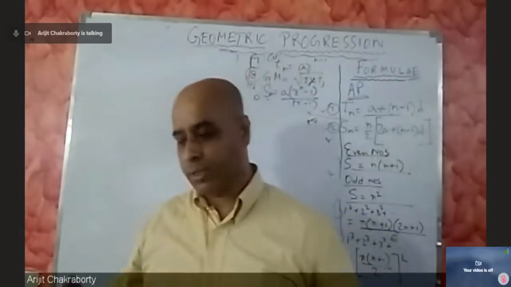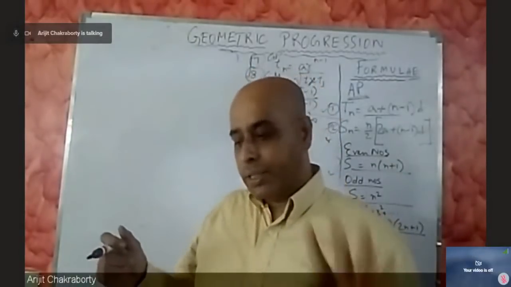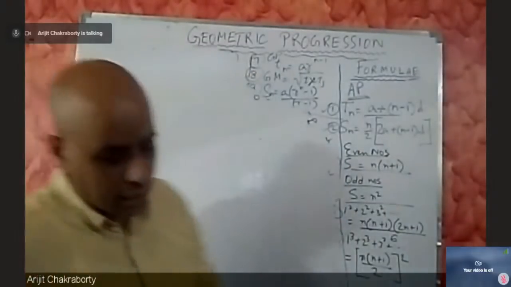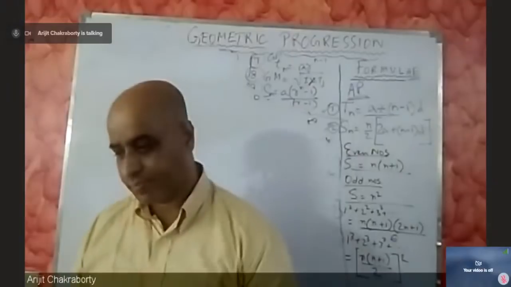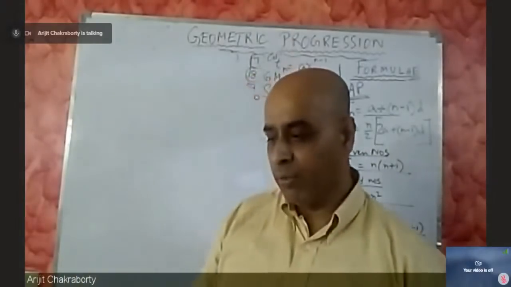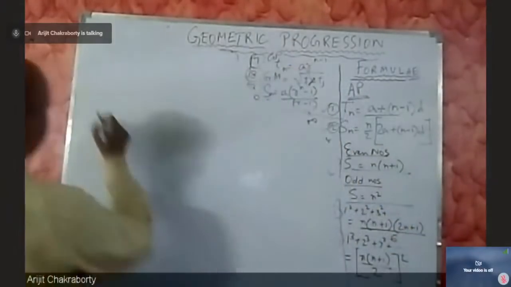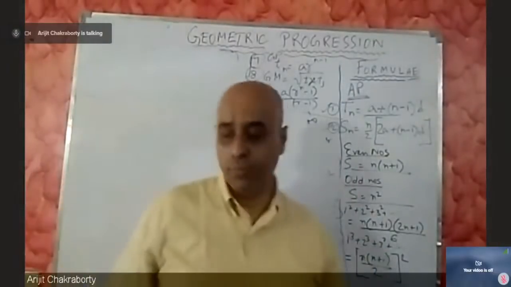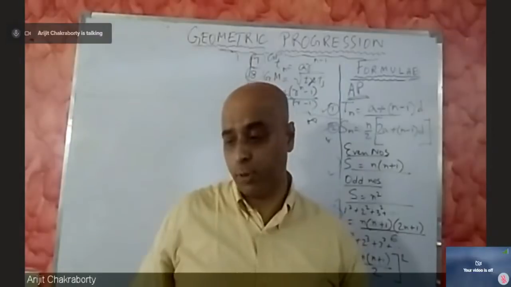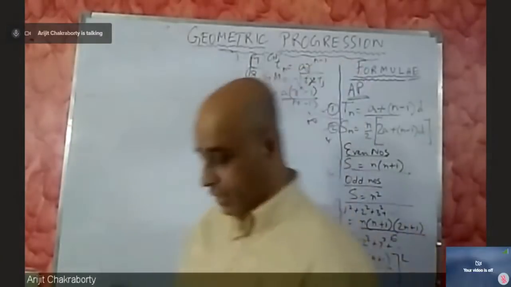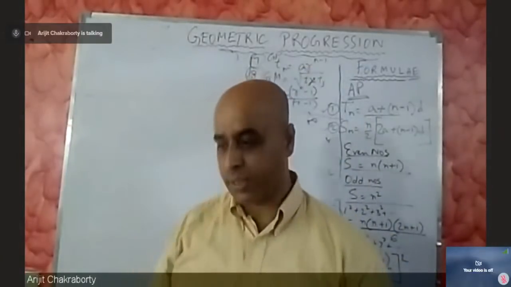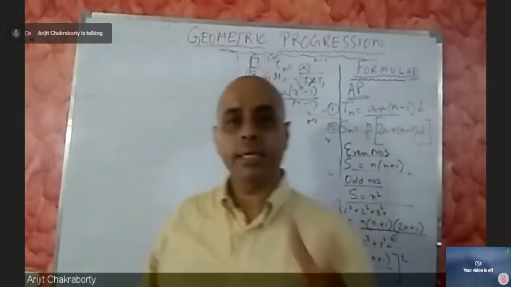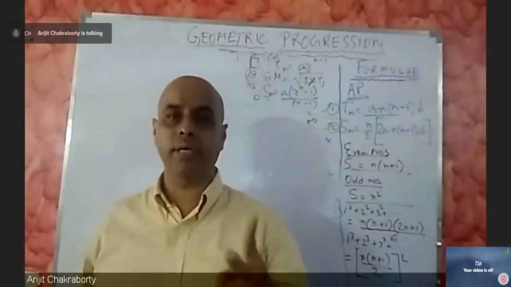You may remember the question was 6 positive signs and 4 negative signs. In how many ways can they be arranged in a line so that 2 negative signs will never come together?